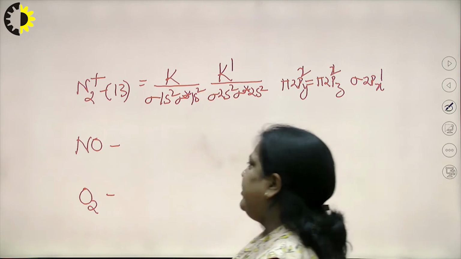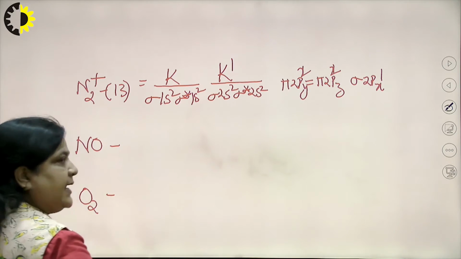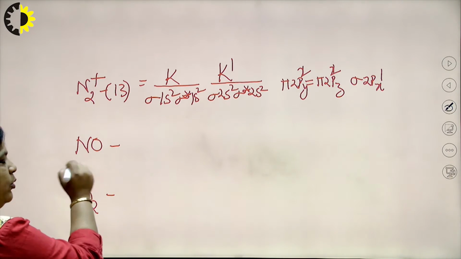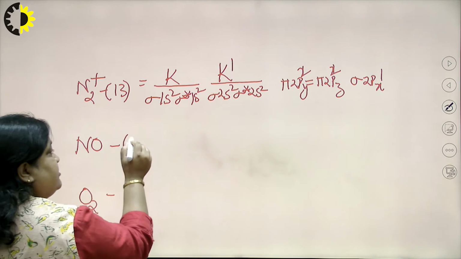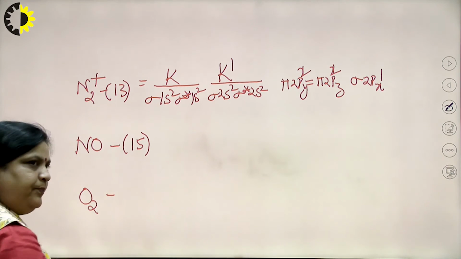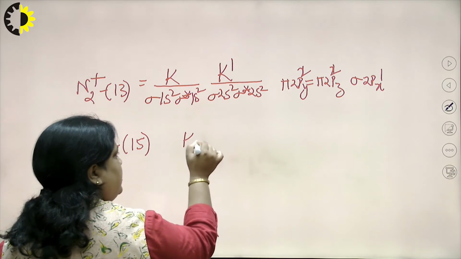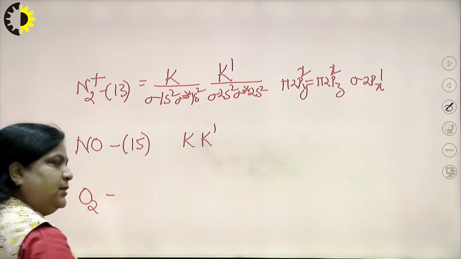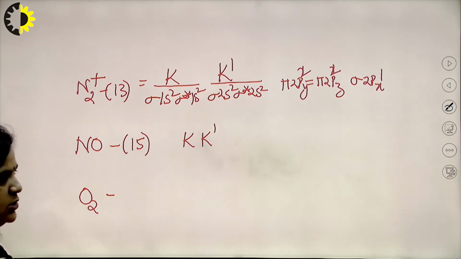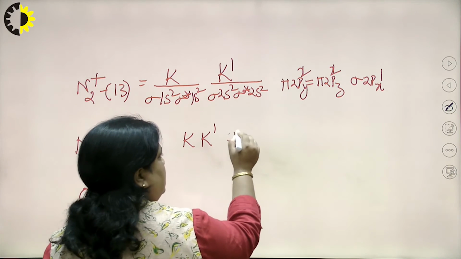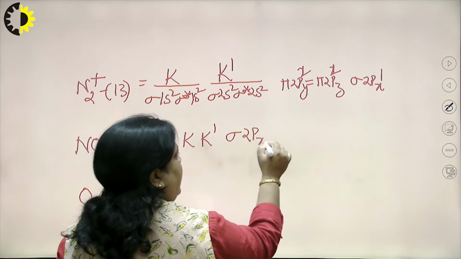Now, in the case of NO, it is a heteromolecule. N is 7, O is 8, and 7 plus 8 is 15. So, it is 15. So, for 8 electrons, no problem, K and K dash. The 9th electron is for more than 14. So, more than 14 means first sigma and then pi.